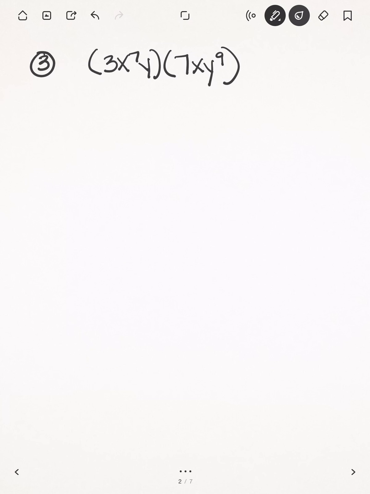Number 3, I want you to simplify this problem. If you have 3x to the 7th y times 7x y to the 9th, I am multiplying these two monomials together. I see the 3 and the 7 are my coefficients, so I'm going to go ahead and multiply those, and I get 21.